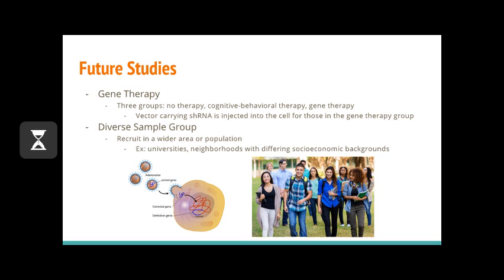In gene therapy, how this works is a short hairpin RNA will target liver cells in order to inhibit the release of an enzyme that aids in changing ethanol into acetate. This metabolization of ethanol into acetate is a key step in the process of breaking down alcohol. And so a vector that is carrying that RNA would be injected into the cell for those in the gene therapy group.